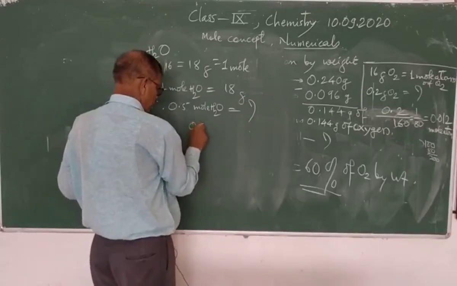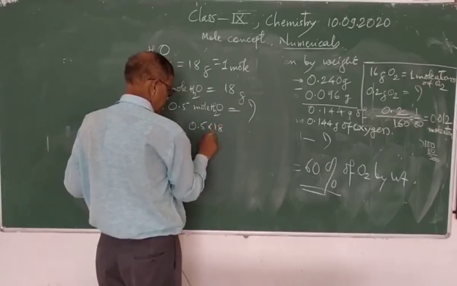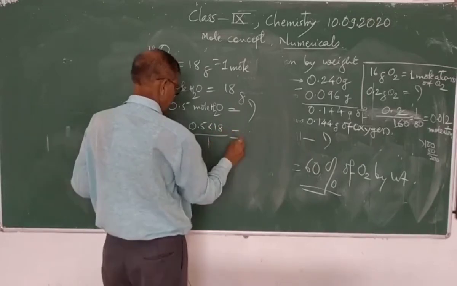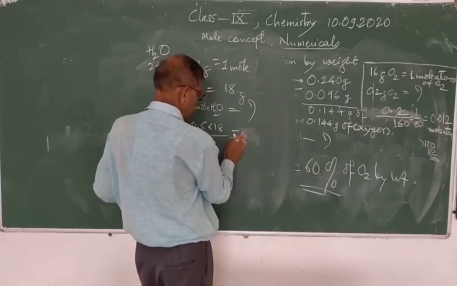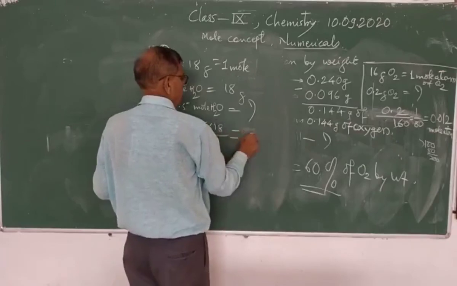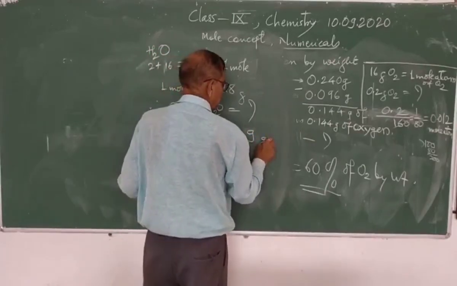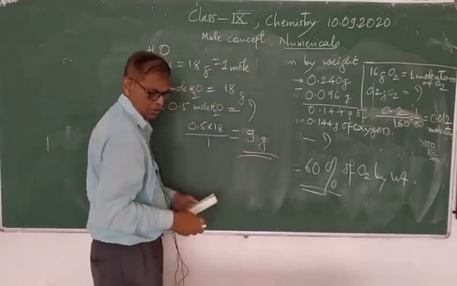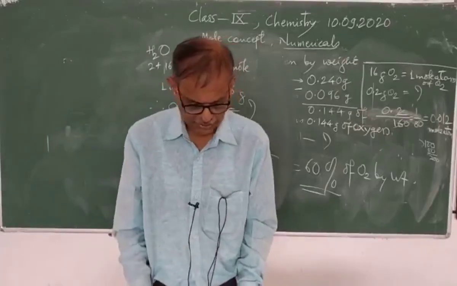So 0.5 into 18 divided by 1 is equal to 9 grams. So in this way we can calculate.